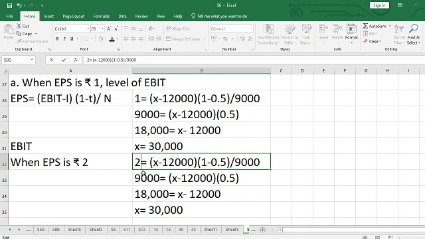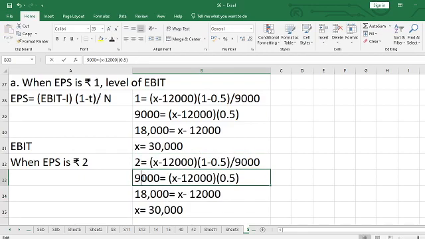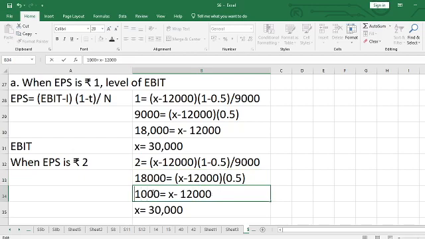In that case, it will be 9,000 multiplied by 2, so that will give you 18,000. Next stage, 18,000 divided by 0.5, so that will give you 36,000.